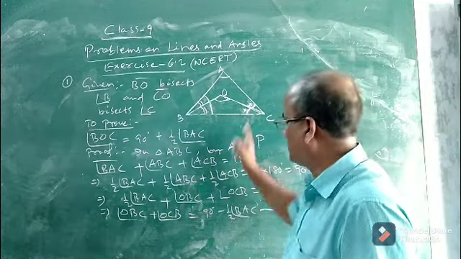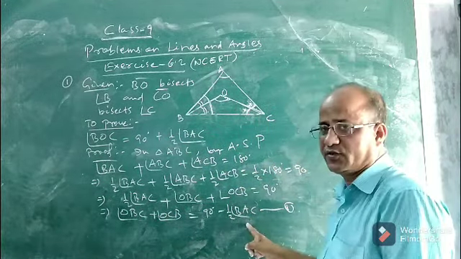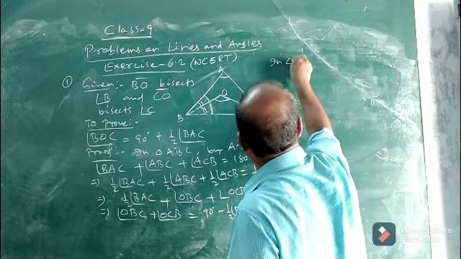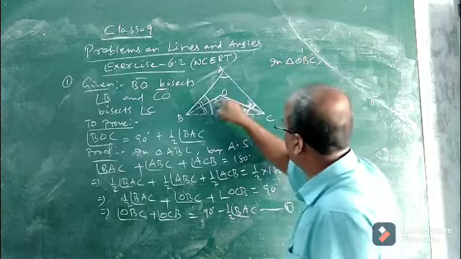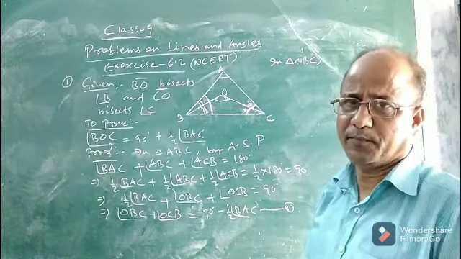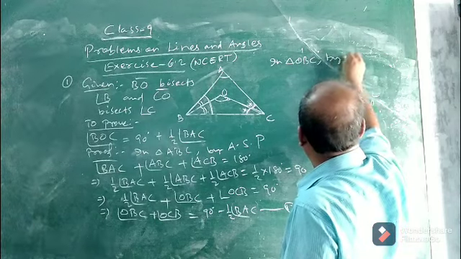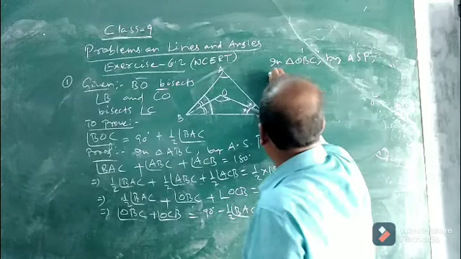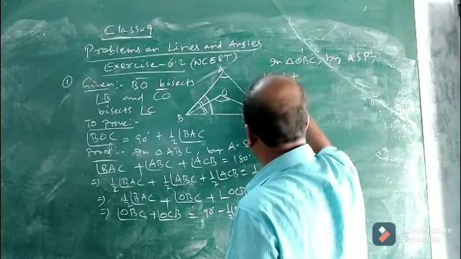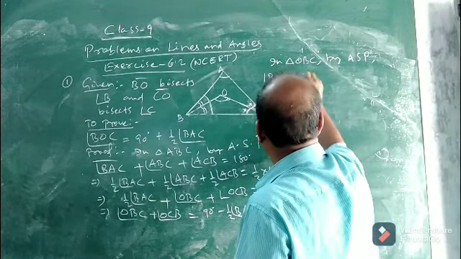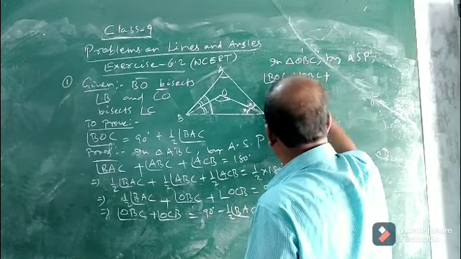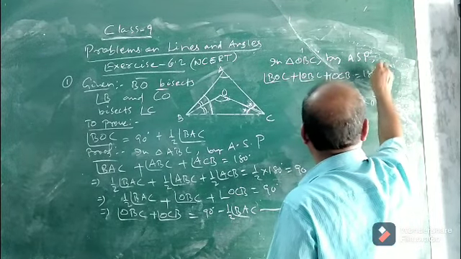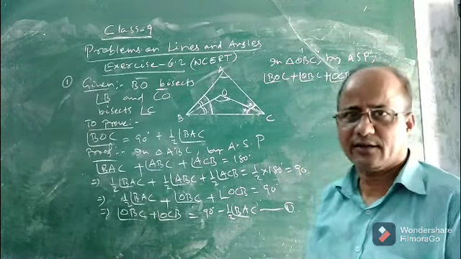So in triangle ABC, finally we got this. Now there is another triangle, look at OBC. Apply the angle sum property again in triangle OBC. Angle BOC plus OBC plus OCB will be equal to 180 degree by angle sum property.